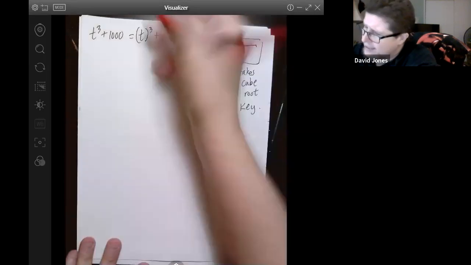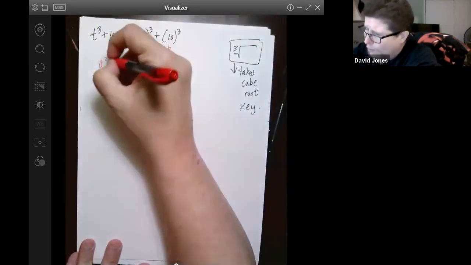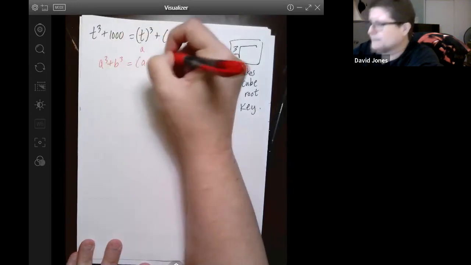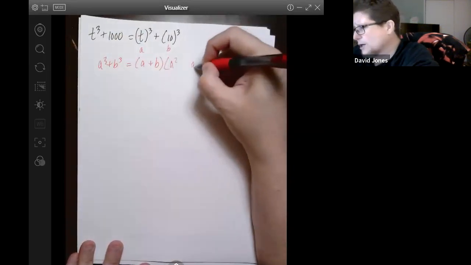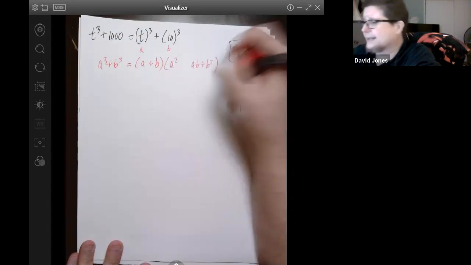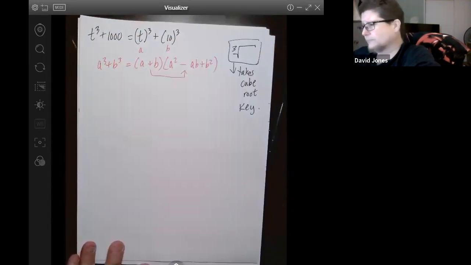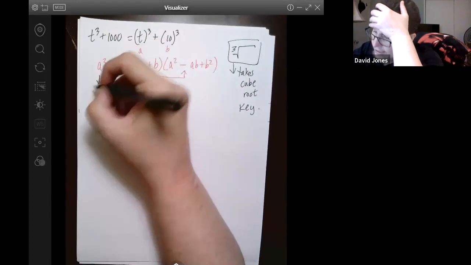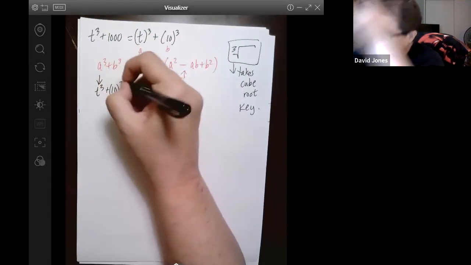So this is like a, and this is like b. And the formula for a cubed plus b cubed: we have the same sign in the front, a plus b. This is an a squared, ab plus b squared like that. And we use an opposite sign here. And so I'm just going to do what it says. a was t cubed, and b is 10 cubed.